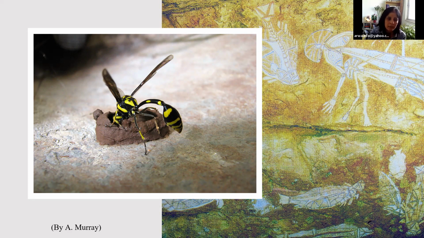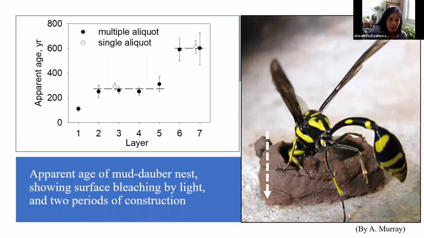So they divided each nest into several portions, and they measured each portion and related it to the depth of the nest. The thickest nest that they measured was about a few centimeters, and they divided it into 7 portions.